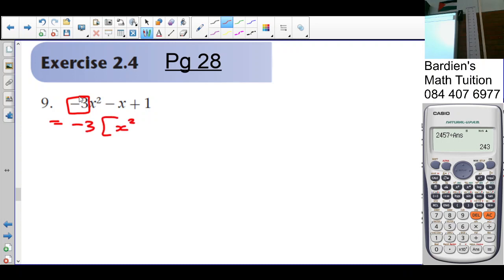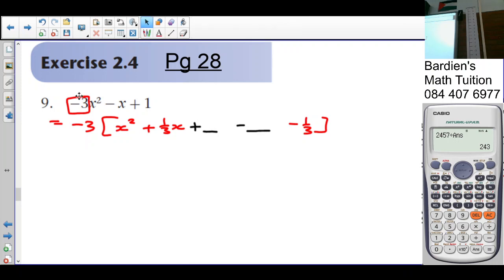X squared plus x over 3, yes, so it's a third x. 1 divided by negative 3 is negative a third. Okay. So what's the question we should be asking ourselves? We must add a number to complete the square with and subtract the same number.